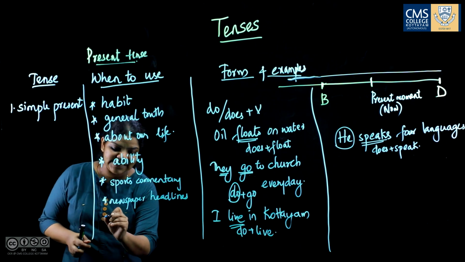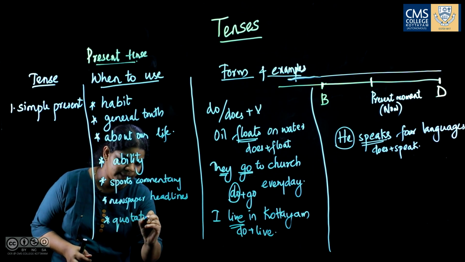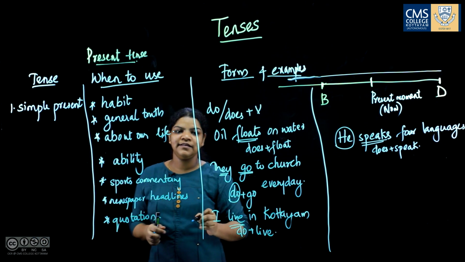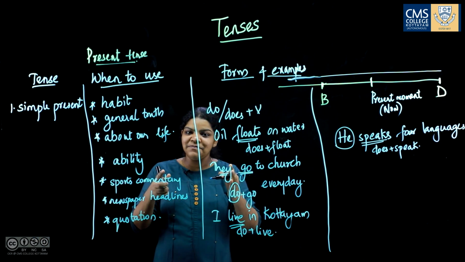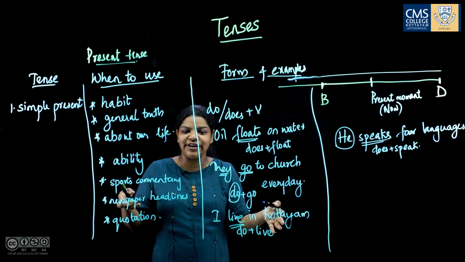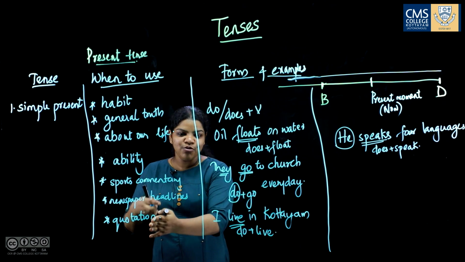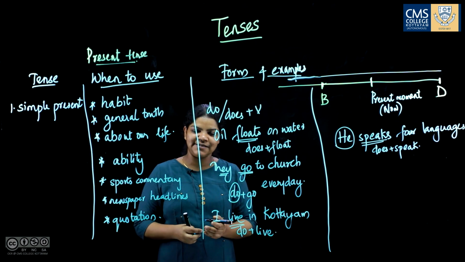Or another instance is when you want to use a quotation. For example, the Bible says, okay, that's a quotation, that's how you start a quotation. So and so says. So when you use a quotation, you use simple present.